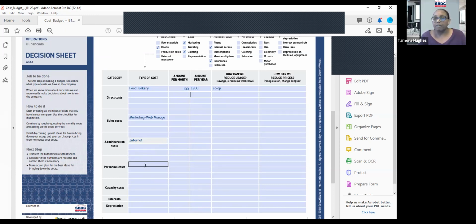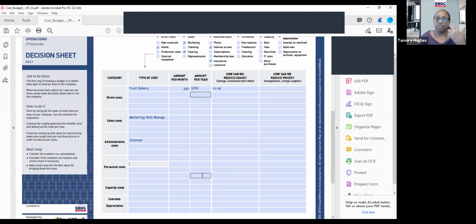Personnel is kind of self-explanatory as it relates to your salaries, your consultants, your contractors, whoever it is. You want to highlight what that is, how much it will cost per month, and then per year, times 12. All of this becomes helpful when you actually begin to do your budget.